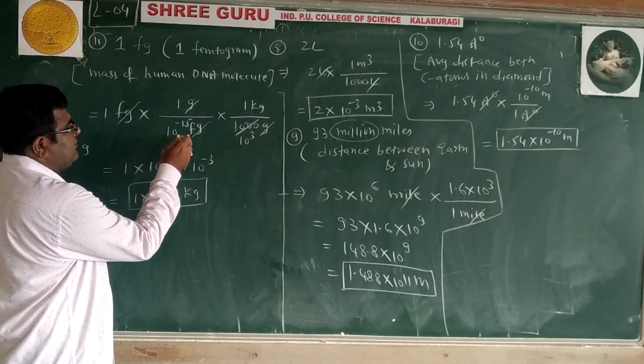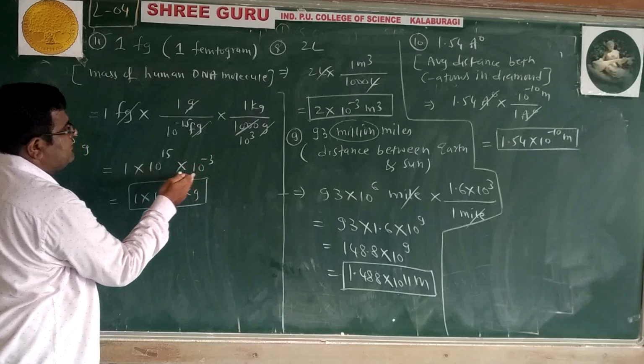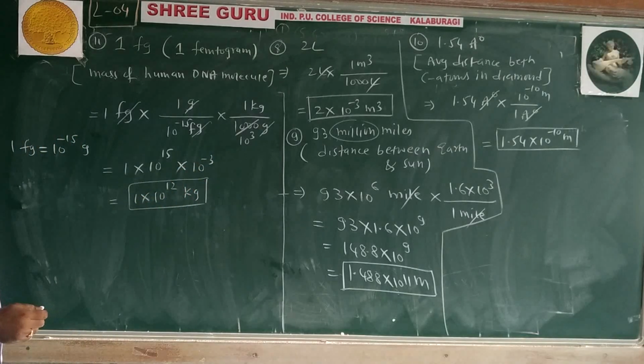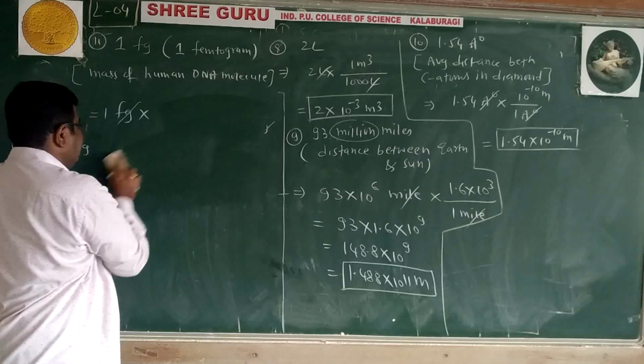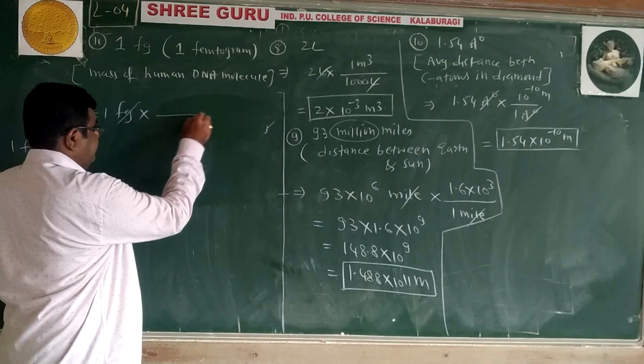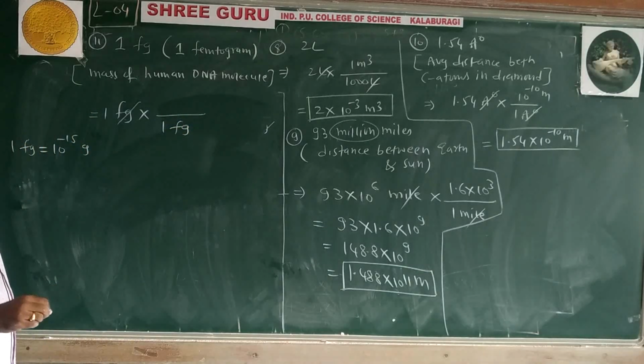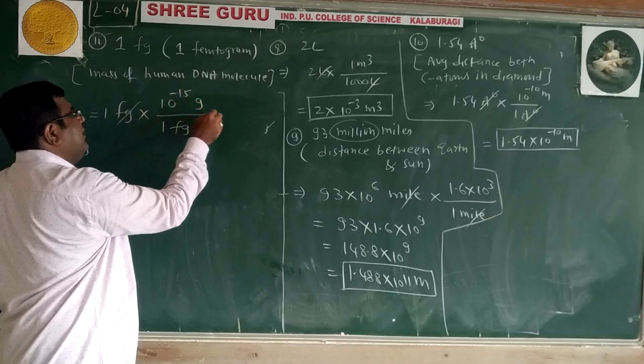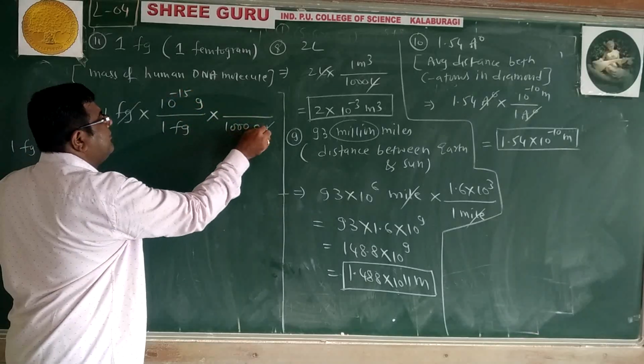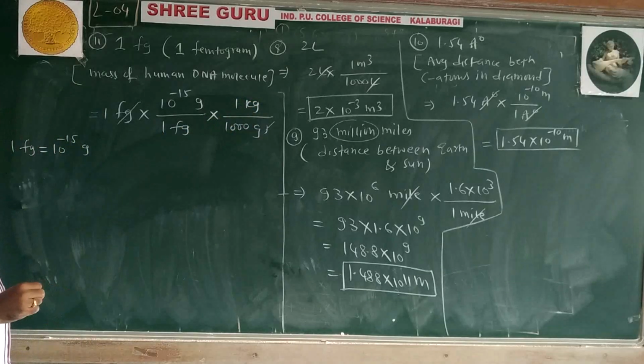This is plus 3, so it is minus 3. And this is 15. How did it become plus? That's why I said we should do it very precisely. 1 fg is equal to 10 raised to minus 15 gram, and 1000 gram is equal to 1 kilogram. That should be the case, isn't it?